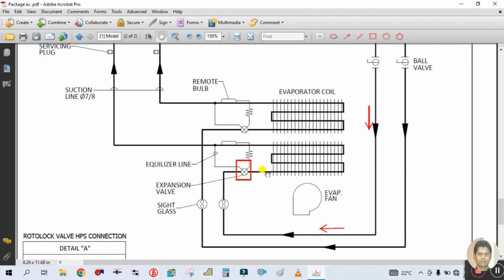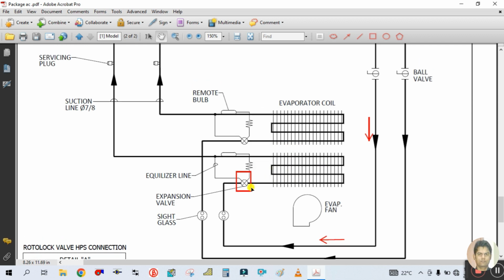This low pressure liquid refrigerant will enter inside this evaporator coil. Because of the return air from the room, it will again change its phase. It will convert from liquid to vapor again.